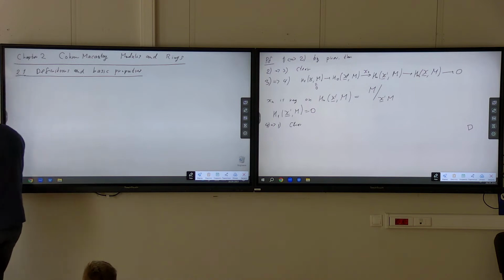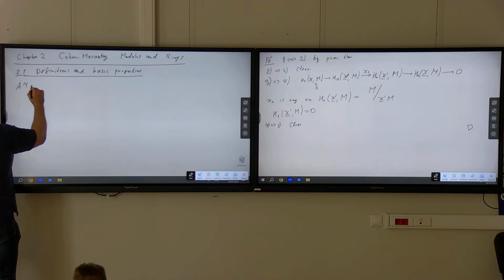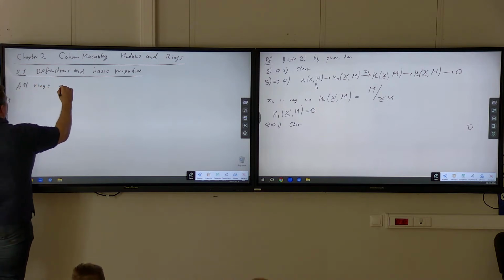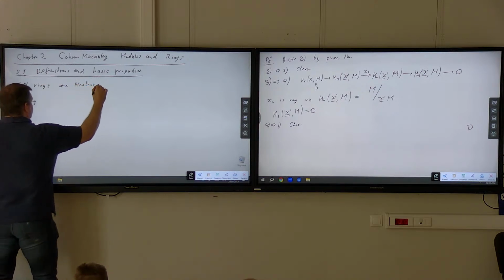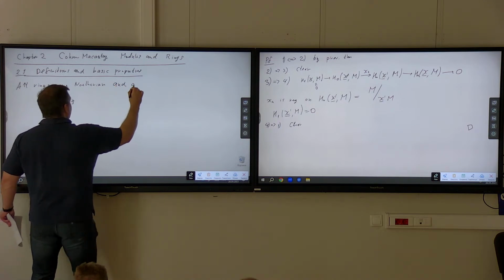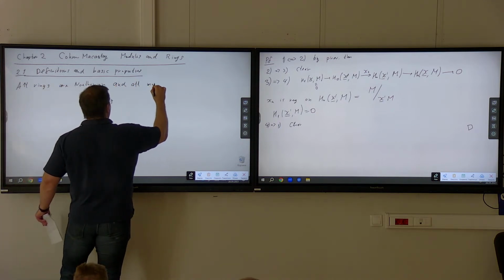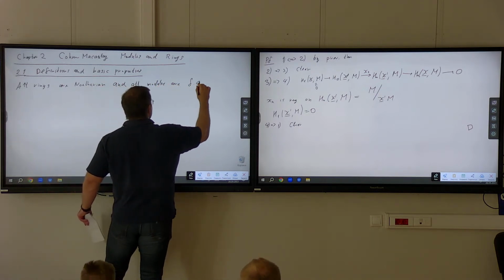Well, actually, maybe it was too early for the first section. I want to say that in this chapter, I want to assume that all rings are Noetherian, all modules finitely generated.